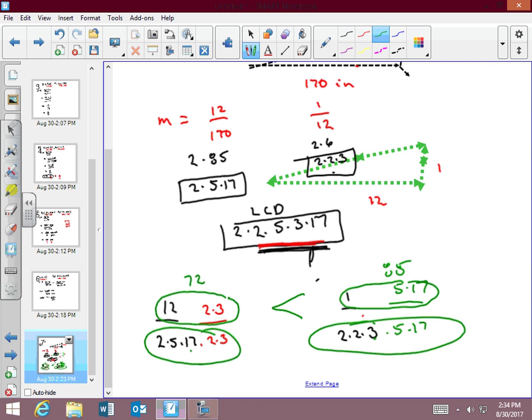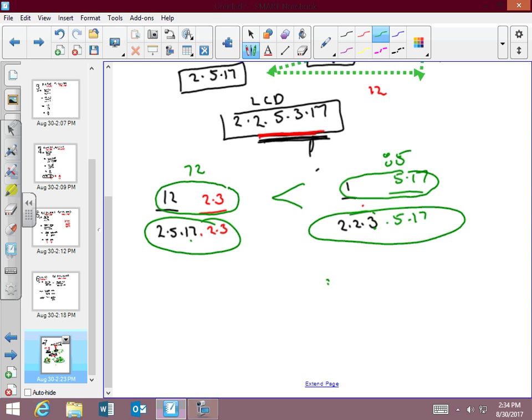Are you in compliance? Your rise is 72 in whatever length that is. The compliance rise is 85, right? In other words, you have just converted both of them so that the denominator, this distance here, is 2 times 2 times 3 times 5 times 17 for both of them, right?